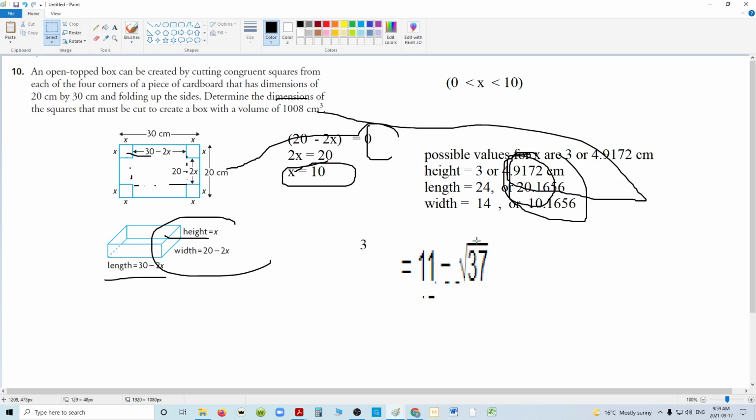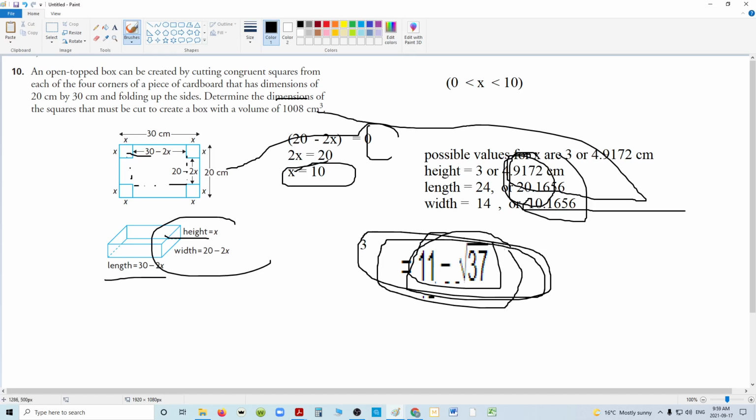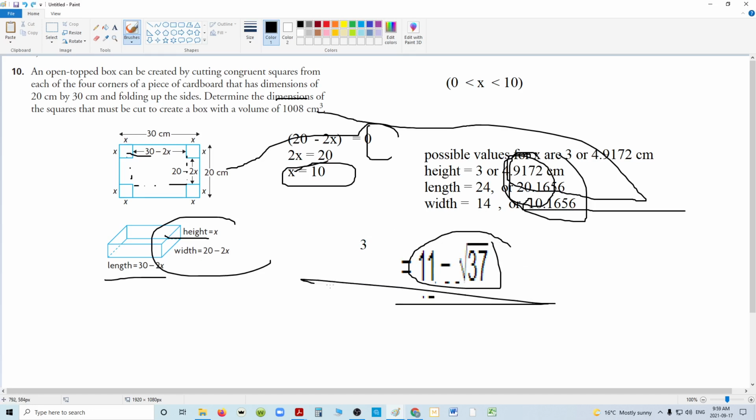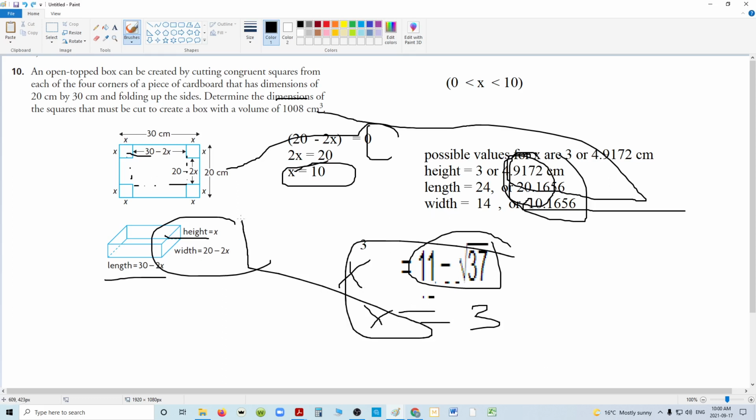When you keep it like this, you're keeping it exact. You're not getting all those rounding errors from the decimals. This is why mathematicians like to leave it like this, because this is an exact number and this is not. So that's one of the possible dimensions of x, and the other dimension of x we discovered was 3. Then you plug all those into your original height and width formulas to discover the other dimensions.